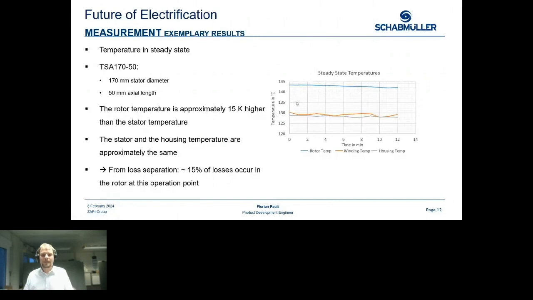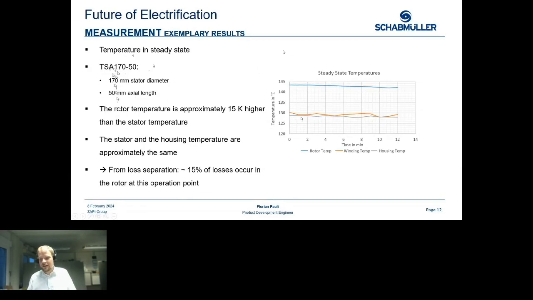So some exemplary results from our rotor temperature measurement show why it's not always so good to take educated guesses from the stator temperature. Here we have measured the rotor temperature for an induction machine with an outer diameter of 170 millimeters and an axial length of 50 millimeters.